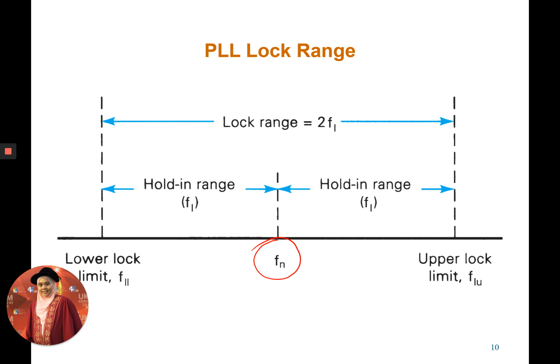So the lock range basically is twice the lock frequency, and whenever the PLL is in this range, it will be in the lock state until it comes out of this range and needs to be in the capture state or lock state again.